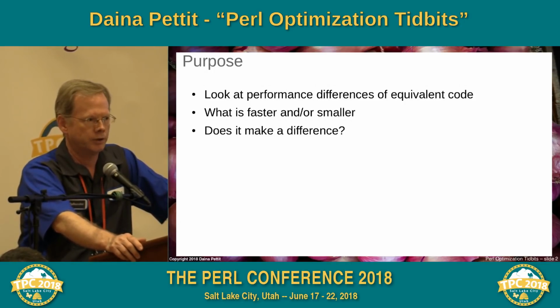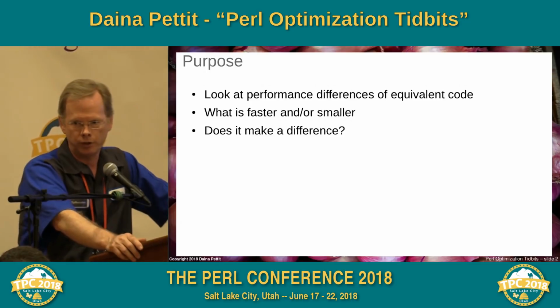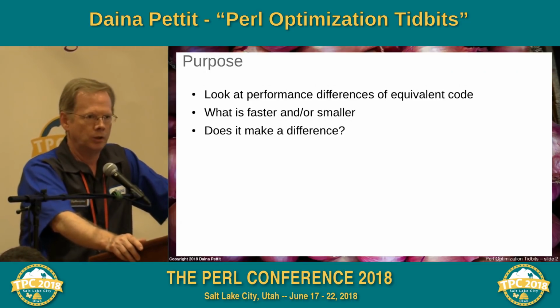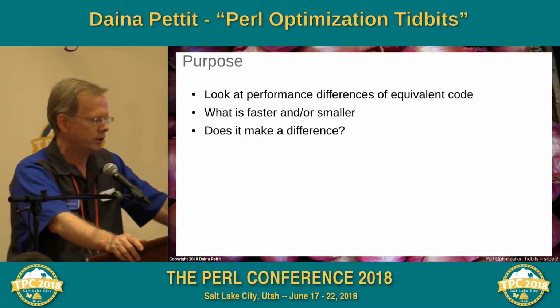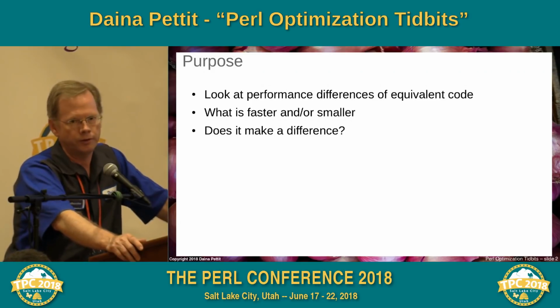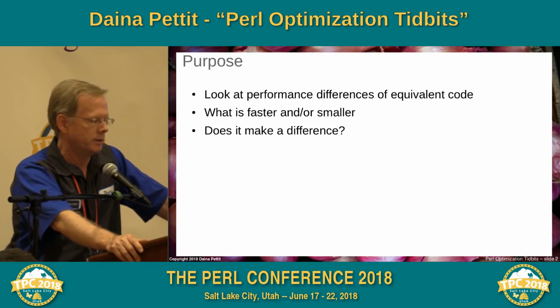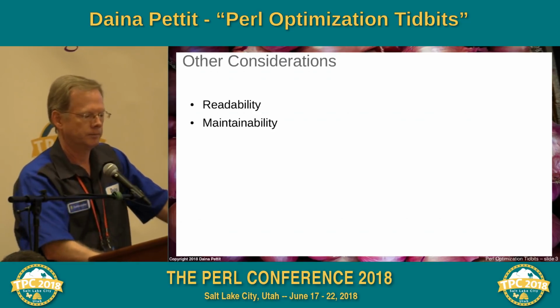Perl has this TMTOWTDI thing: there is more than one way to do it. So I'm going to look at the various ways we have to do certain things and whether it makes a difference or not. We're going to look and see if something is faster or if it has a smaller footprint. And in the end, does it actually make any difference?